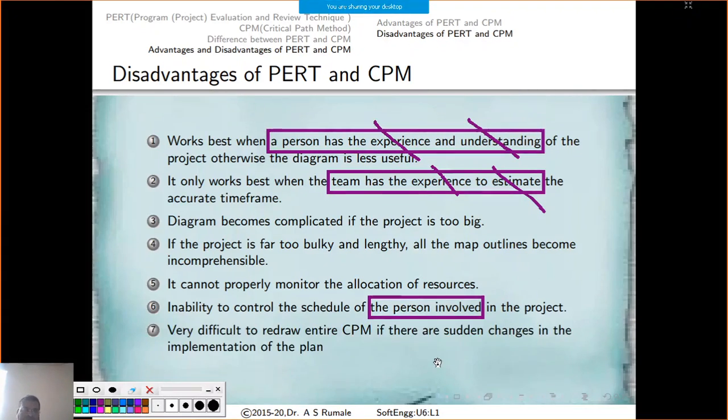So next, or the last, the disadvantage of PERT and CPM is that it is very difficult to redraw the entire CPM if there are sudden changes. Obviously, right now we got sudden changes in our operations due to COVID-19, and these sudden changes actually made many institutions very vulnerable, or left them simply in awe.